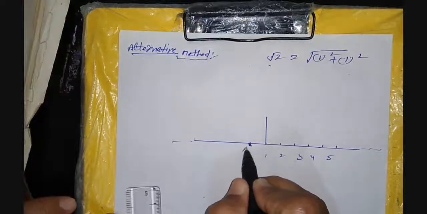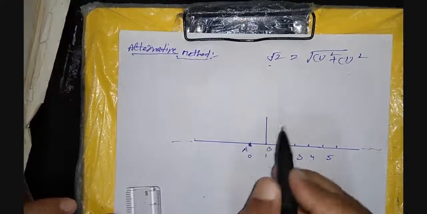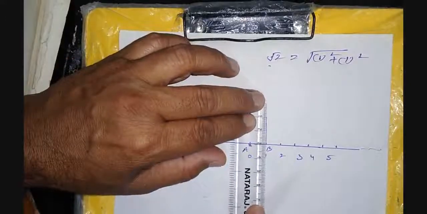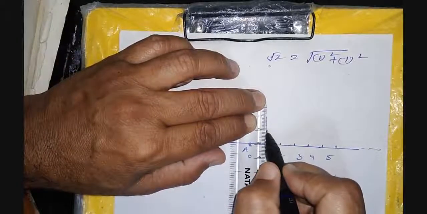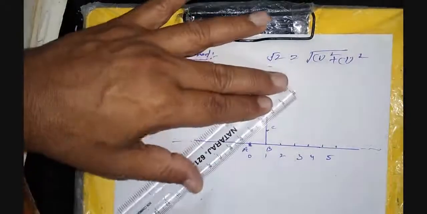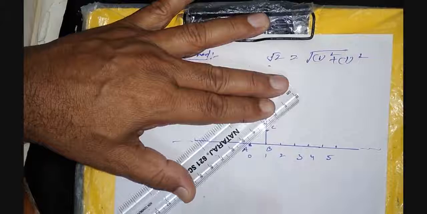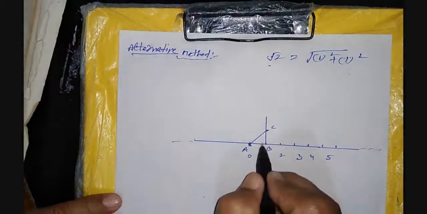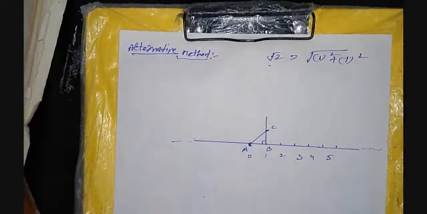This point is A, this point is B, and we will take a distance of 1 unit, that is C. Now this is the hypotenuse of this right angle triangle ABC.